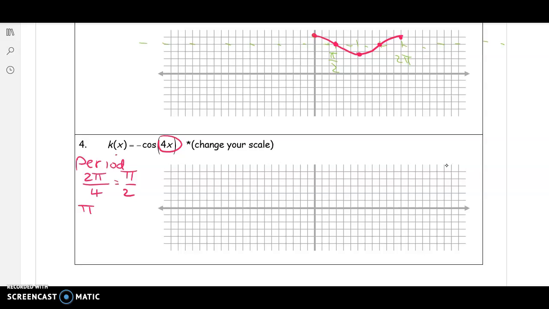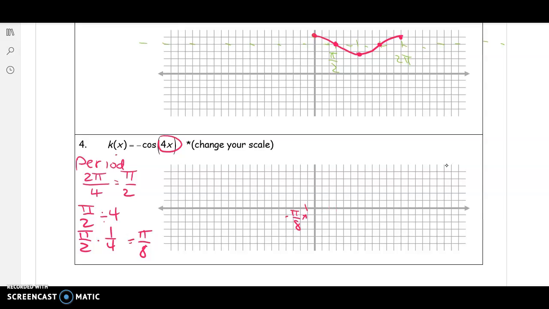So pi over 2 divided by 4, pi over 2 times the reciprocal, so pi over 8. For the sake of space, every tick mark is going to be pi over 8.